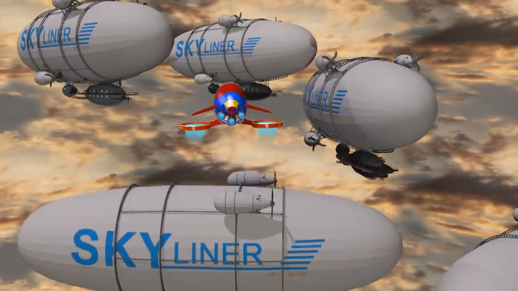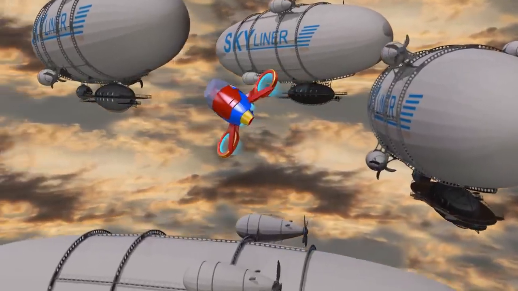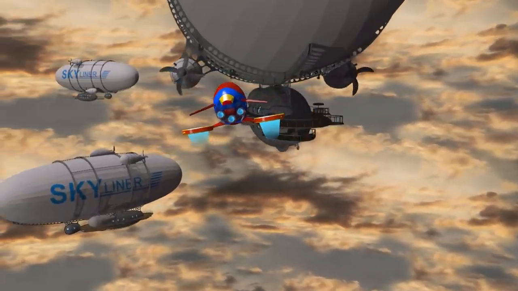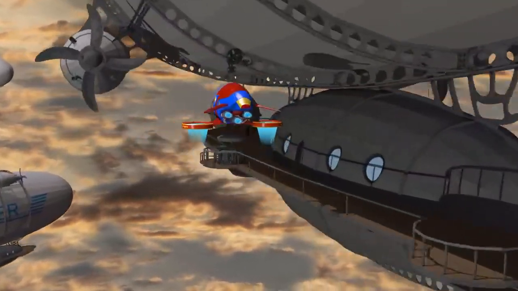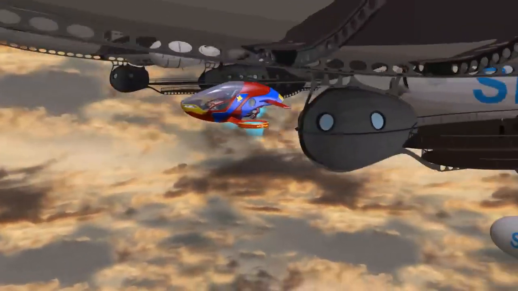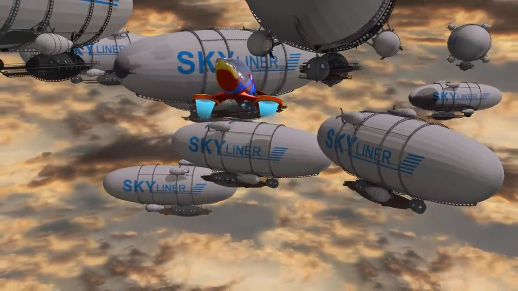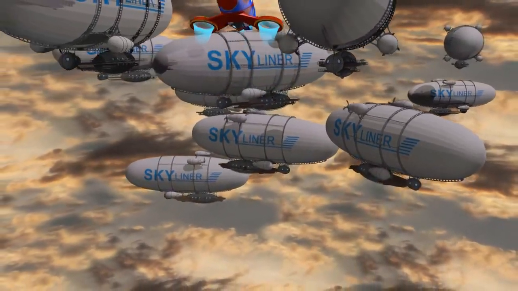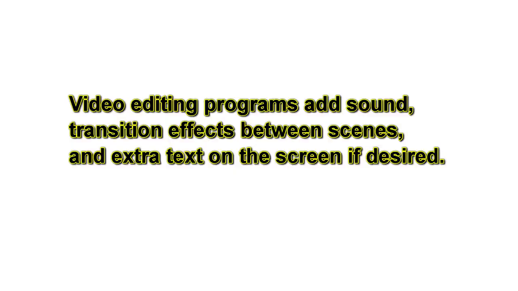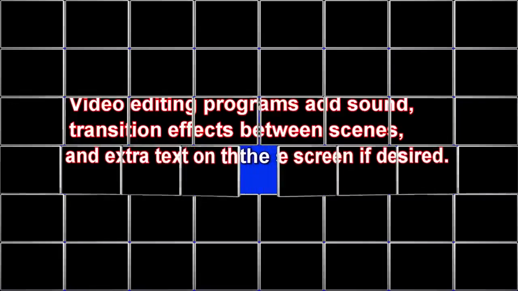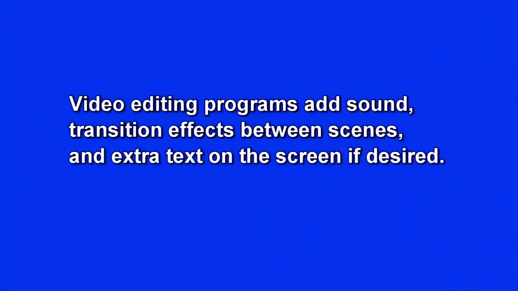For this task, many of the videos on this channel used the video editing software PowerDirector, but there are a lot of other options available, including free video editing software that typically comes pre-installed with many computers. It is with these video editing programs that you will add sound, transition effects between scenes, and extra text on the screen if desired.